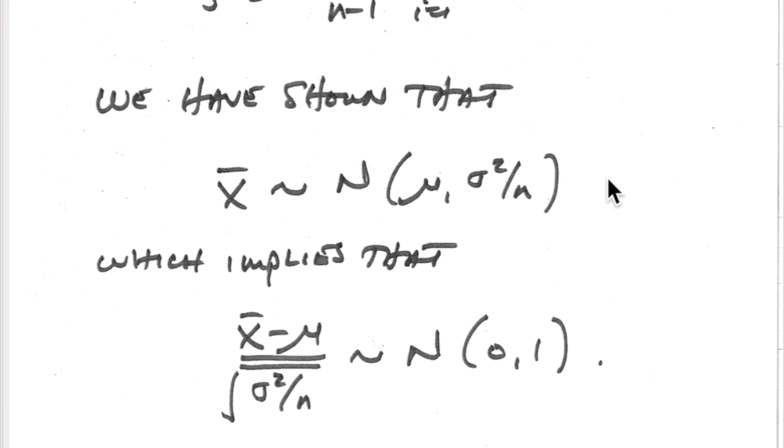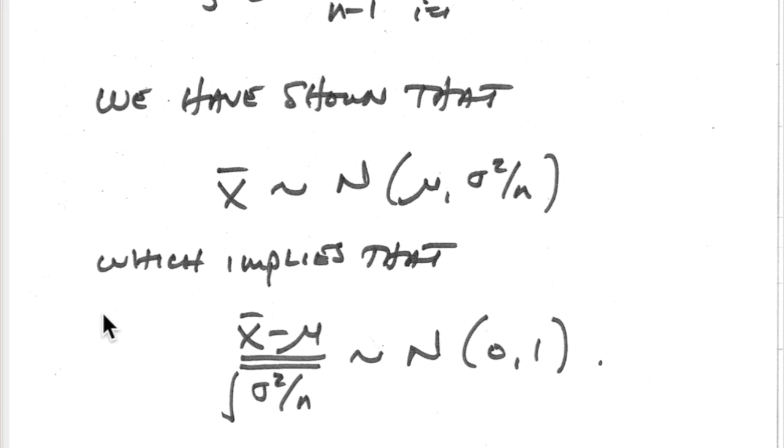Now, in our discussion in the module back on sampling distributions, we showed that when we're sampling from a normal distribution with mean mu and variance sigma squared, the sample mean is also normally distributed with mean equal to mu, the mean of the population we're sampling from, and with variance equal to sigma squared over n.